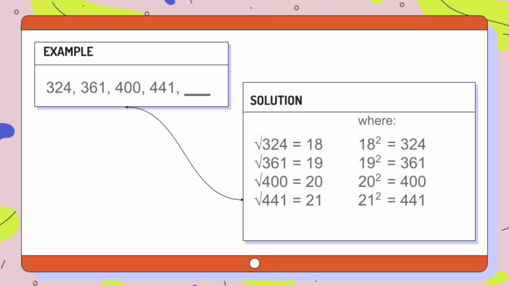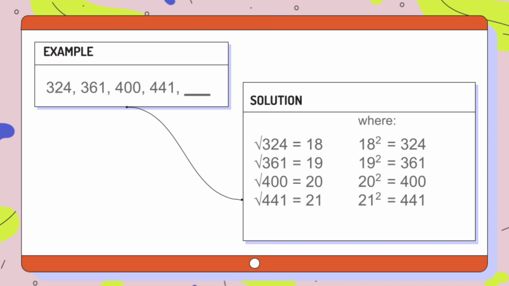The square root of the first number, 324, is 18, which 18 to the power of 2 is 324. The square root of the second number, 361, is 19, which 19 to the power of 2 is 361. The square root of the third number, 400, is 20, which 20 to the power of 2 is 400.